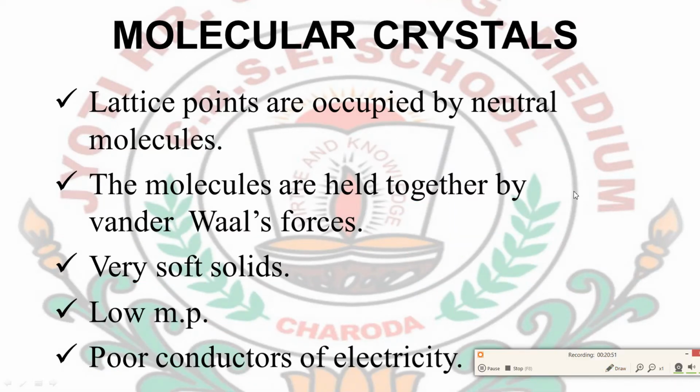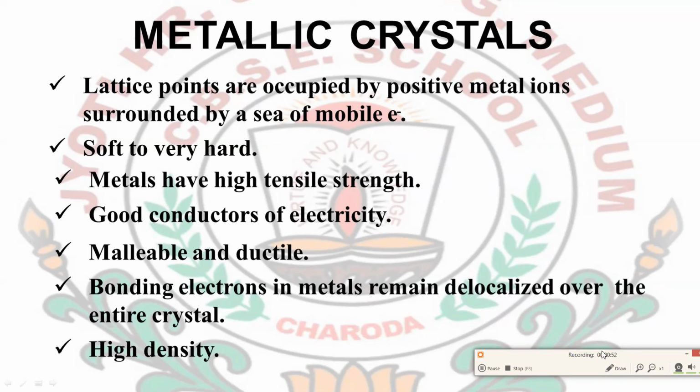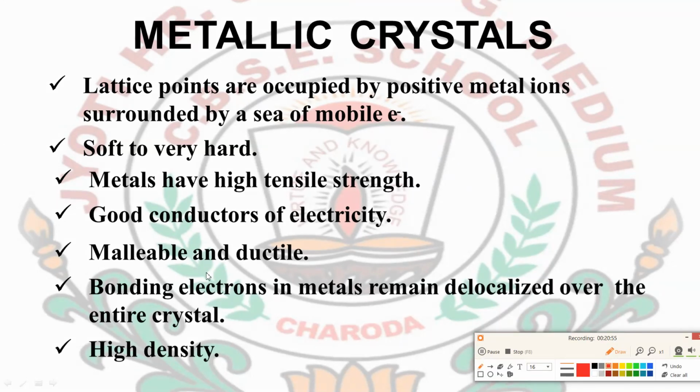Let's move further. The next type of crystalline solids are the metallic crystals. So what are these metallic crystals? Lattice points are occupied by the positive metal ions in the case of metallic crystals.